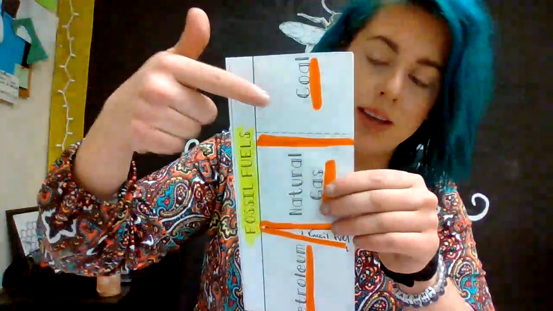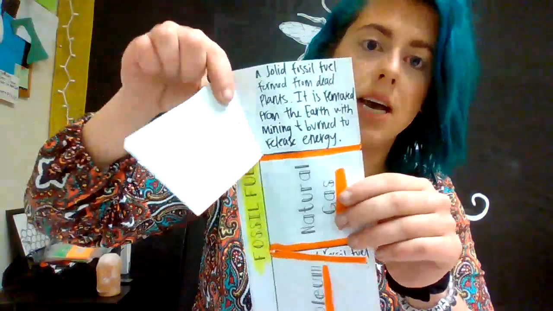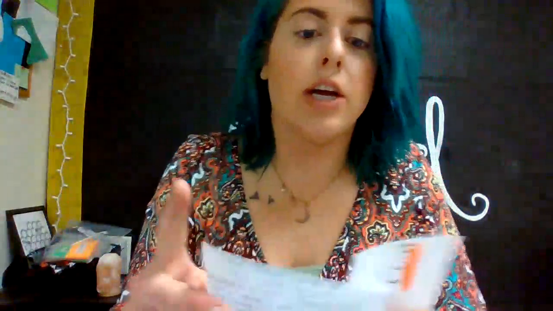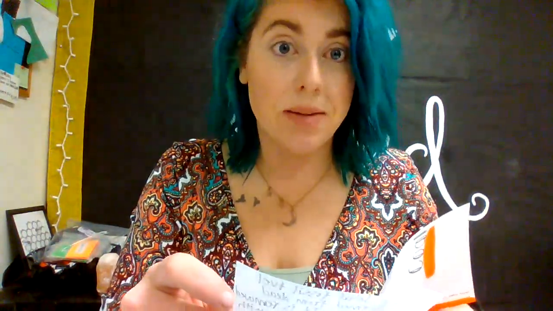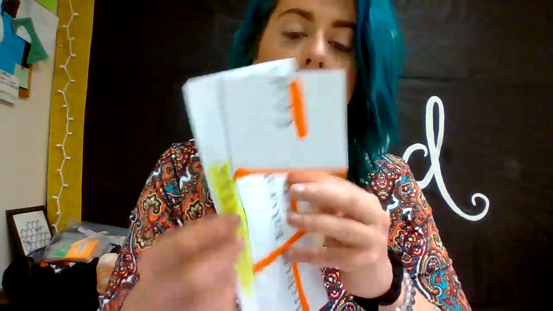Coal is our first one. And for coal, you're going to write: a solid fossil fuel formed from dead plants. It is removed from the earth with mining and burned to release energy. Coal. Natural gas, your middle one right here.